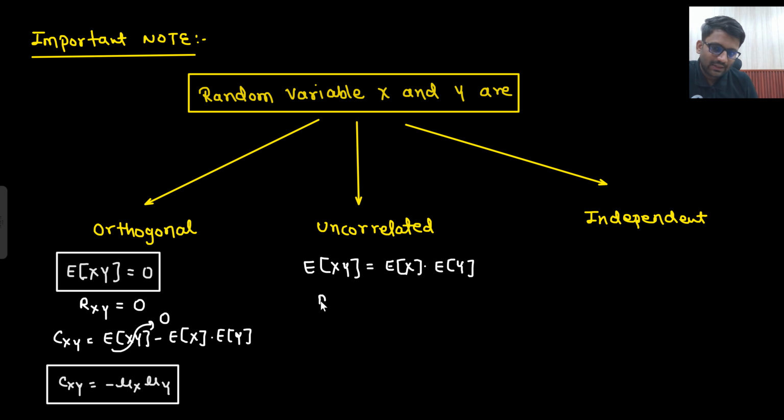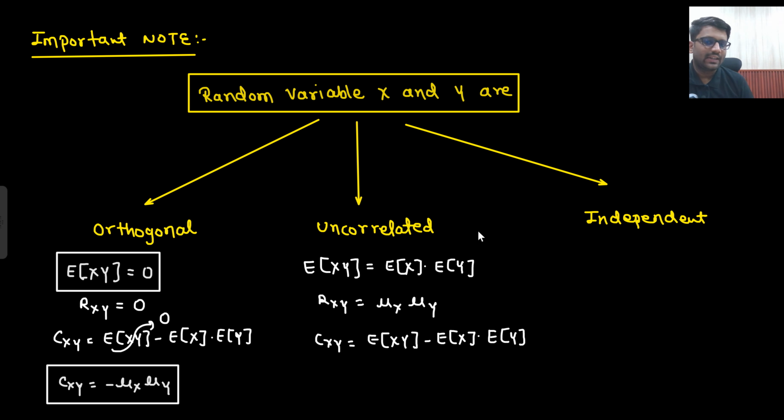So you can say that this is my rxy, it would be coming out to be mu x mu y. And what was your cxy? Your cxy was equivalent to E of xy minus E of x E of y. So what they are saying, uncorrelated, but here correlation is not equals to 0, covariance is equals to 0. Are you able to understand this point?